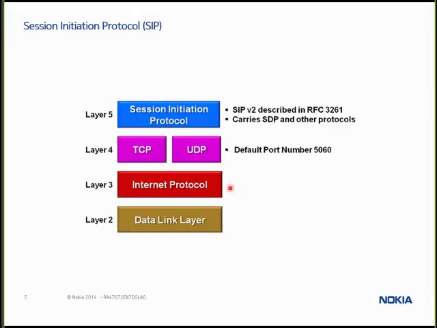Layer 3 would be IP. Layer 4 is handling transport; we have two different transport protocols that we can use. One's called Transmission Control Protocol and one's called User Datagram Protocol. We use an address called a port in those protocols. And the port number that we typically use for SIP signaling is 5060. So 5060 is the port number.